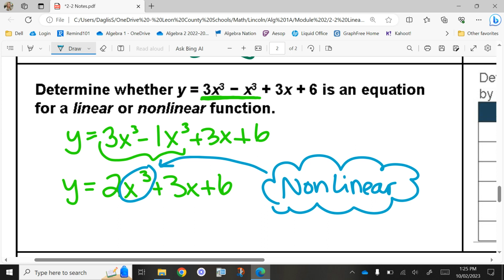You can't have any exponents. If you were to graph this, it would look something like this. Fun fact, that is not a line. The other two before, my x squares canceled each other out. Here, my x to the power of 3s didn't cancel out. So it's not a line.